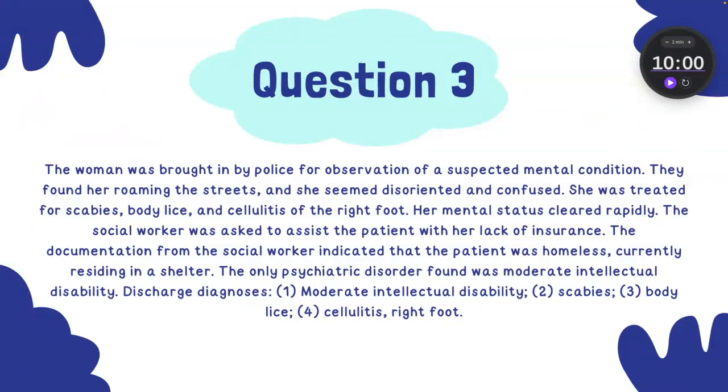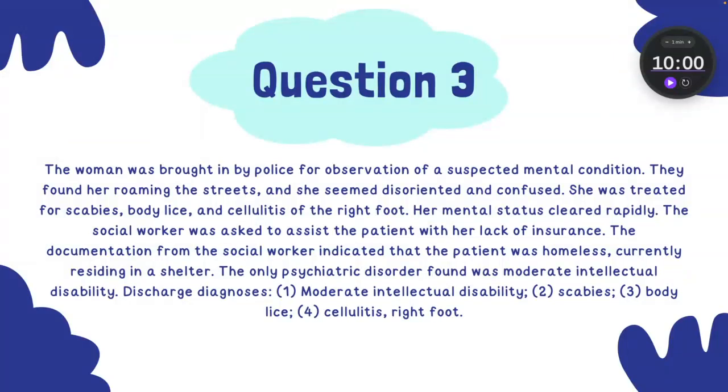She was treated for scabies, body lice, and cellulitis of the right foot. Her mental status cleared rapidly. The social worker was asked to assist the patient with her lack of insurance. The documentation from the social worker indicated that the patient was homeless, currently residing in a shelter.